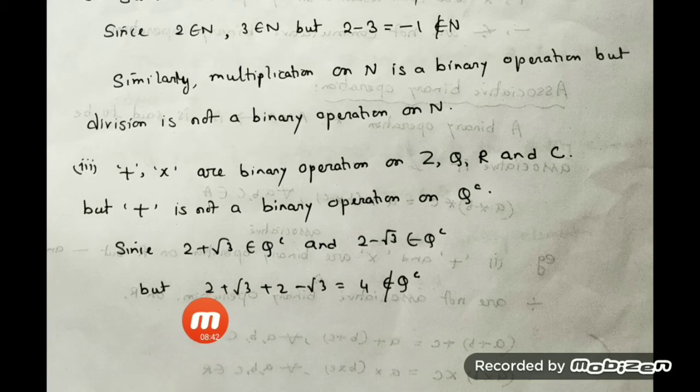Root 3 will be cancelled out. We will have 4. 4 is not irrational, because this is rational. Isn't it? So here we see that addition and multiplication are binary operations on Z, Q, R and C. But plus is not a binary operation on Q to the power C, that is irrational. Similarly, you can verify it for multiplication, division, subtraction and all this. Okay, I am giving you some of the examples here.